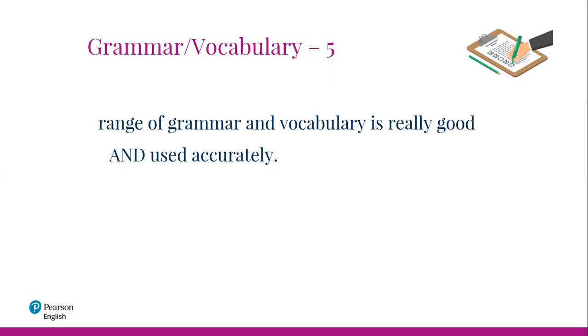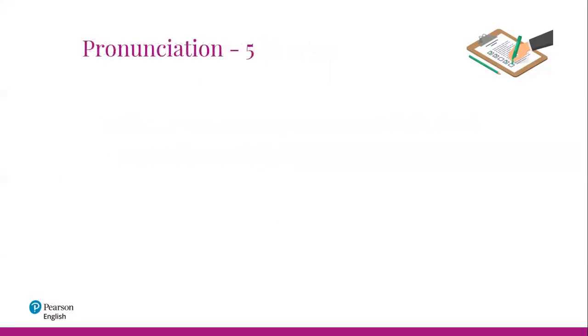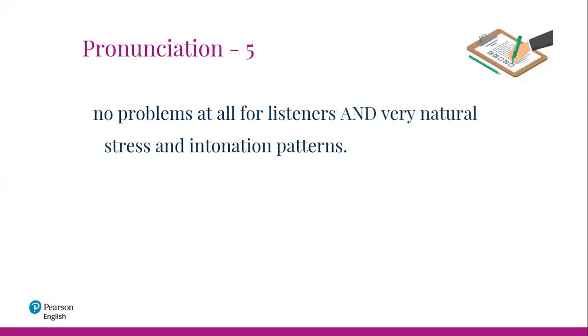You remember that meant excellent even. And this grammar and vocabulary is used accurately, right? This is what 5 means. This is when we give 5. Pronunciation 5 means that there are no problems at all for listeners, and the stress and intonation patterns are very natural. This is when we give 5 for pronunciation.